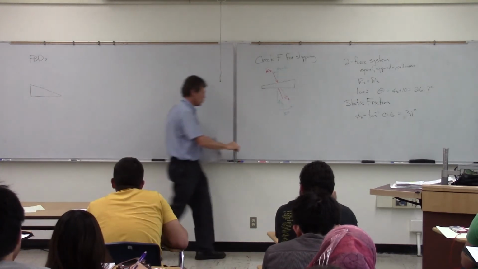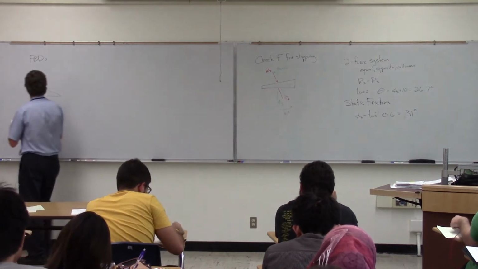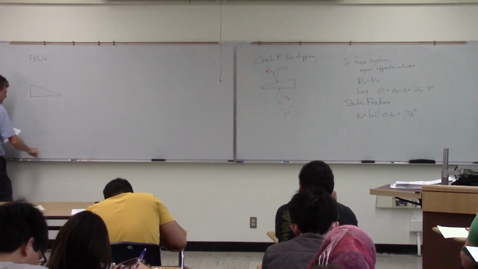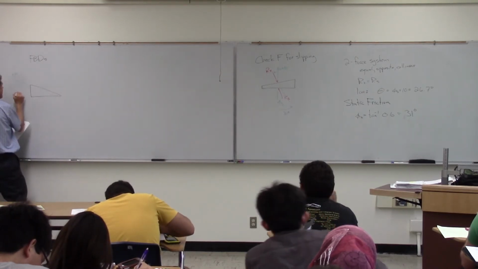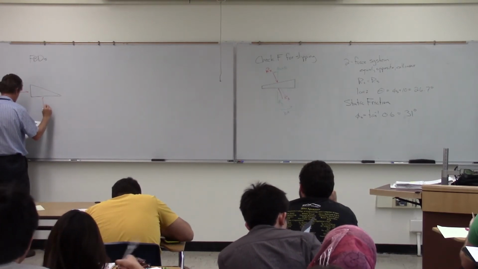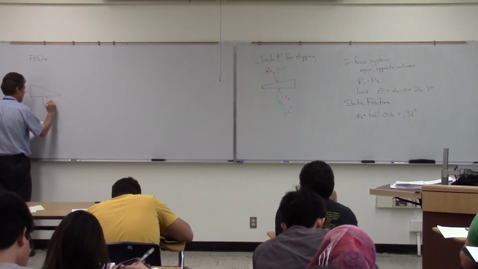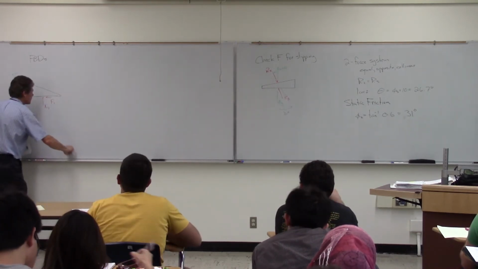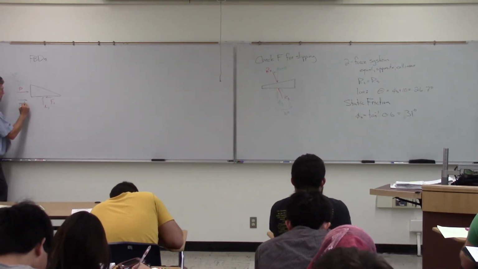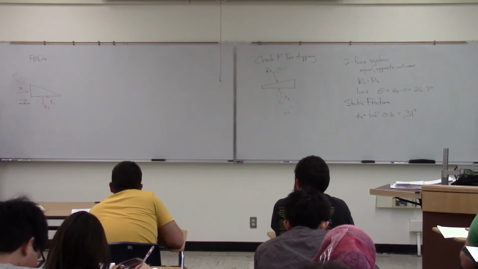Okay, so we'll start off with our wedge. And again, thinking about what my impending motion is, I want it to be this way. If I want to lift it, basically I want to scoot the wedge in that way.